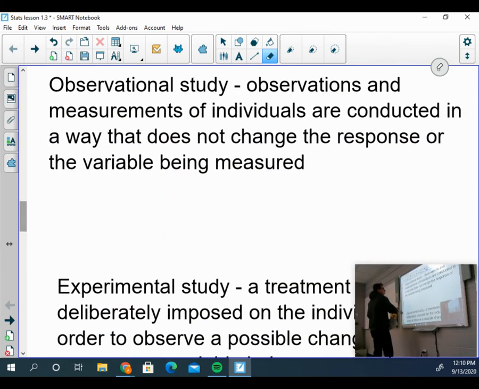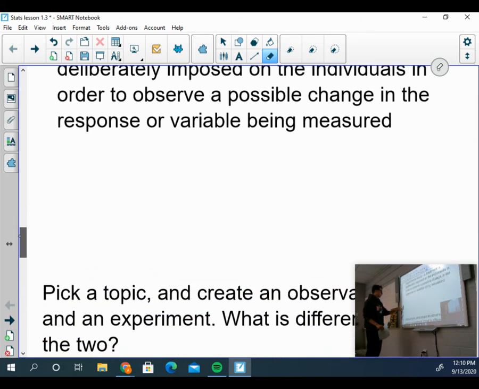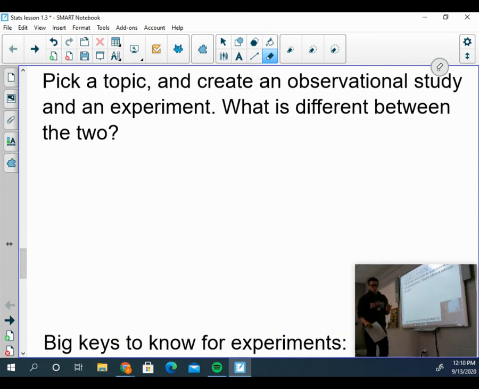Again, here are more formal definitions. If you want to pause it here and look at these, go for it. Scroll down so you can see experiment. So if you are feeling still unsure about this, try and create your own example. You heard me use the nutritionist and the farmer. Think of an example in your own life and try and think of how an observational study versus an experiment would work.